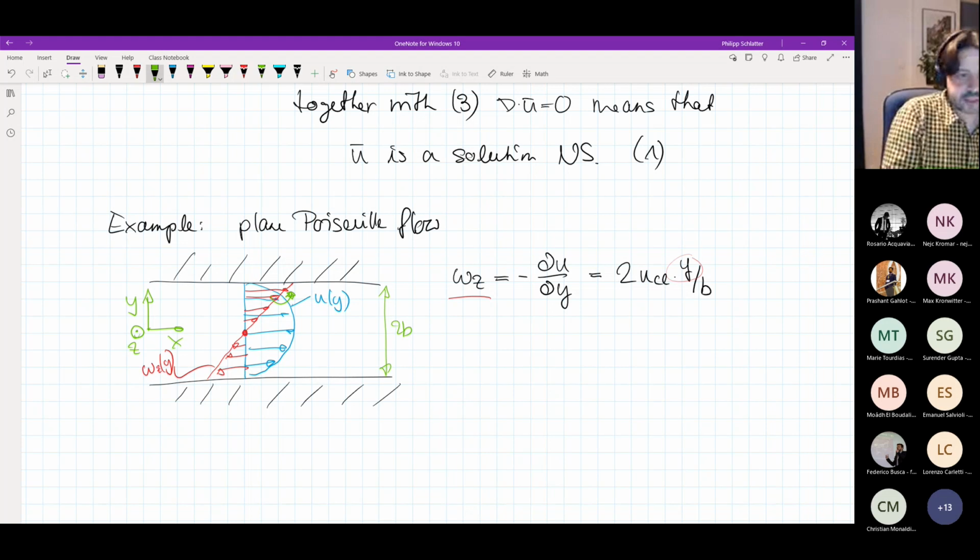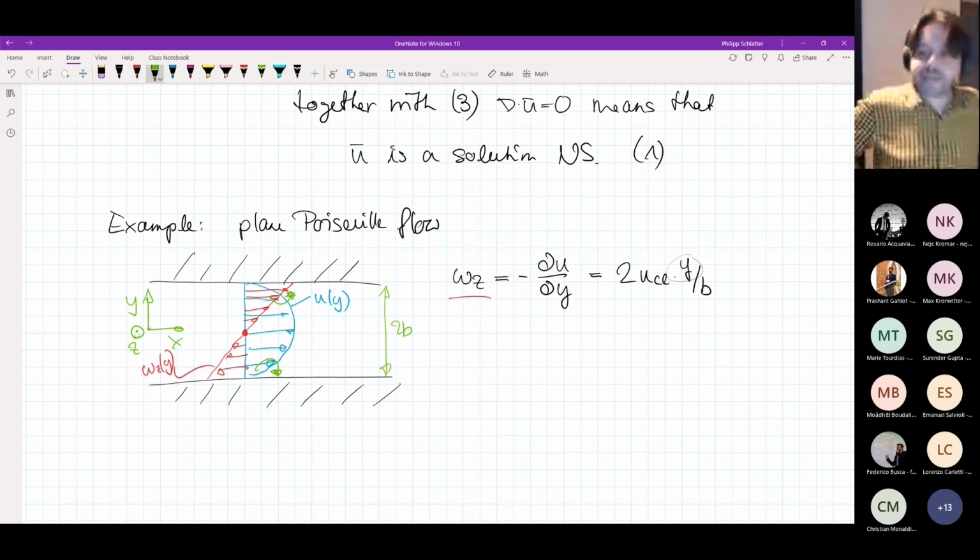So the idea is that we have a right-handed system. If the thumb is in the direction of the vorticity component, then the fingers indicate in what direction it would rotate. In this case, because it's positive, the thumb would look upwards. So we have a rotation counterclockwise. Whereas in the lower side, where the vorticity is negative, the vorticity vector points down. So we'd have a clockwise rotation of fluid elements.